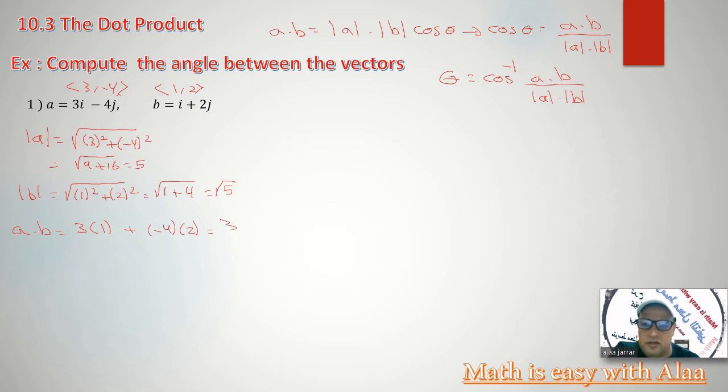It will be 3 minus 8, it will be minus 5. So now theta equals the cosine inverse of A dot B, negative 5, over the magnitude of A, 5, times the magnitude of B, radical 5.